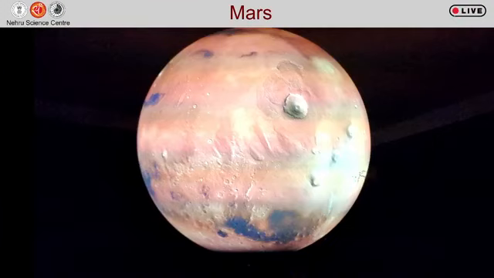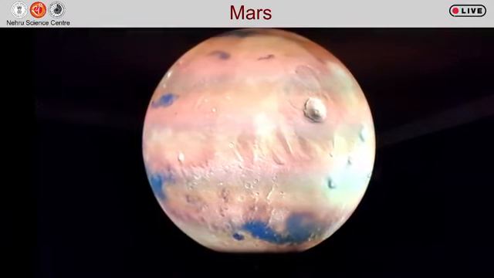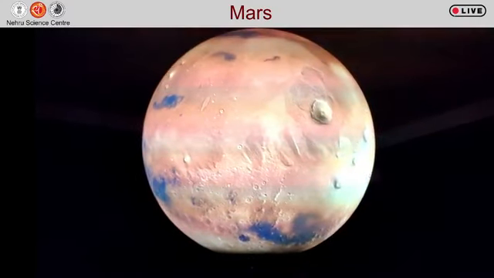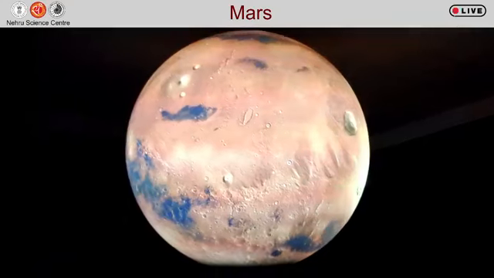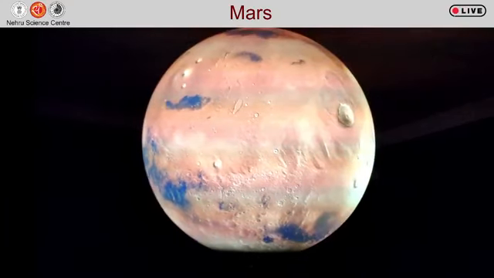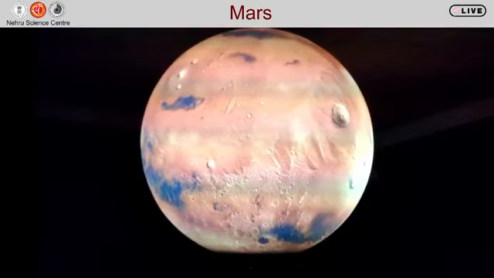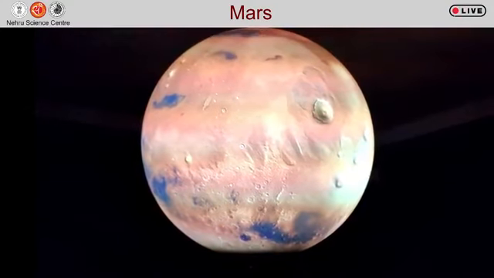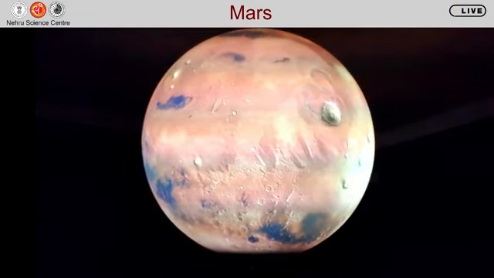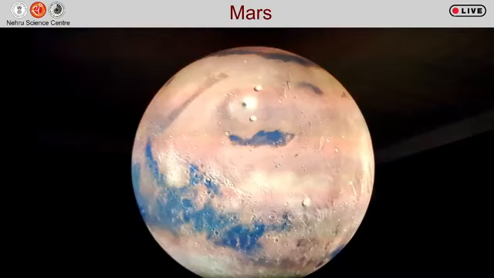The height of Mount Everest is around, say, 9,000 meters, whereas the height of this Olympus Mons peak is around 27,000 meters. So it is 3 times higher than Mount Everest. These are some very prominent features of the Martian surface that we are seeing here.